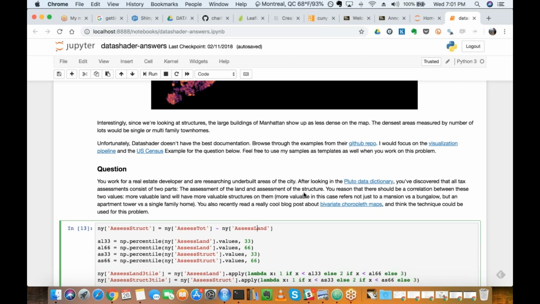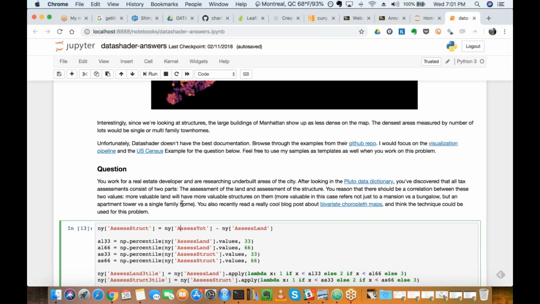And I apologize, I actually miswrote this. Did anyone get confused with trying to calculate assessed structure? If anyone was just comparing assessed total to assessed land, that's totally fine for these purposes. But I just want to make sure that no one was super confused by that. So in the comments, put if you were.